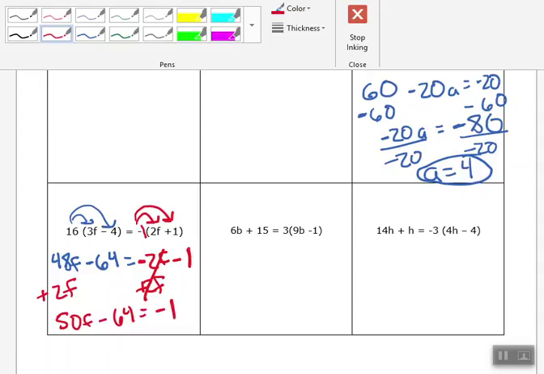And then I can add 64 to both sides. And so that's going to give me 50f is equal to 63, because when I add that 64 to the negative 1, it cancels out.